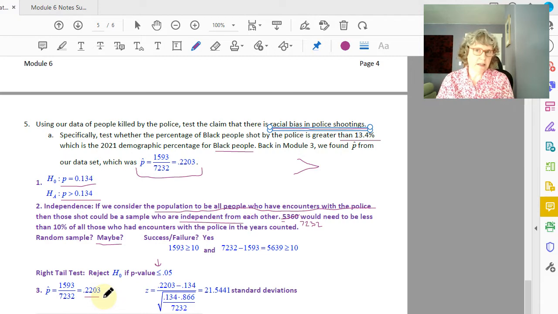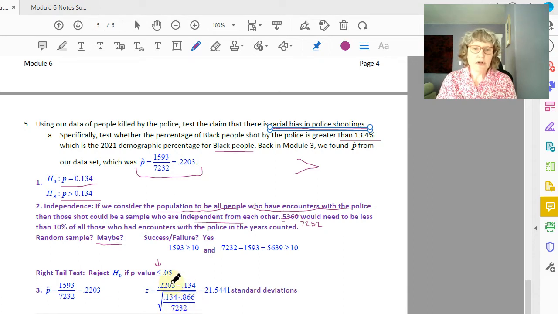How likely is it that that happened or could happen? And so we want to know how many standard deviations from the mean is this value. So we use our z-score formula, p-hat minus p0 divided by the square root of p0 q0 over n.